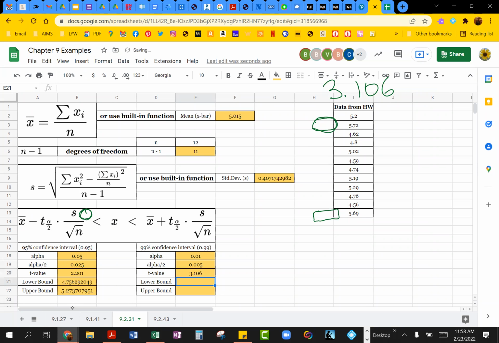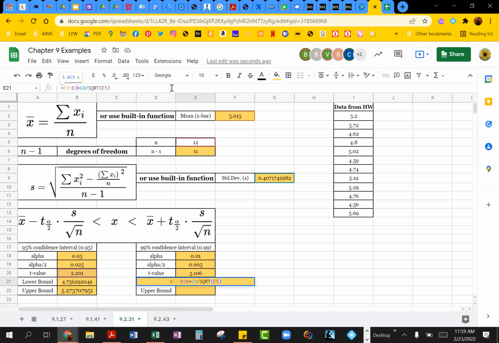3.106. Clear this out. And again, because everything else will stay the same, the only thing that's going to change is the cell for the t-value. So I'm going to copy my formula from the 95% confidence interval. As you can see, our n value is not going to change. The s value is not going to change. The only thing that's going to change is where your t-value is.